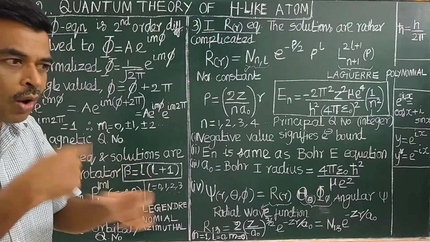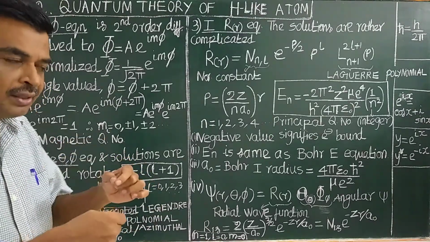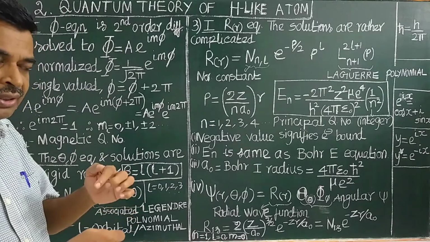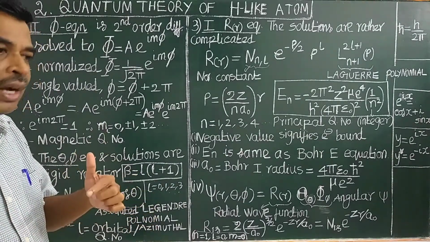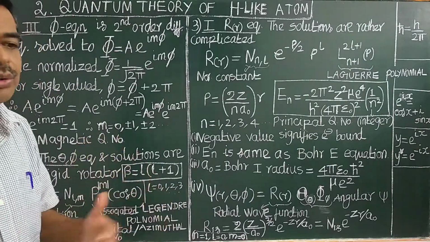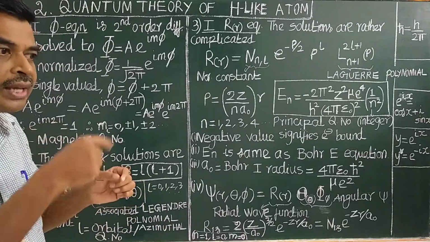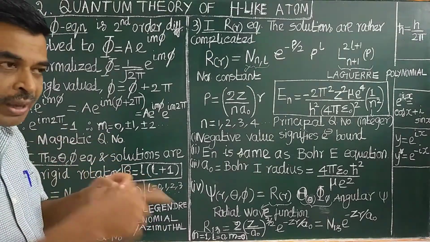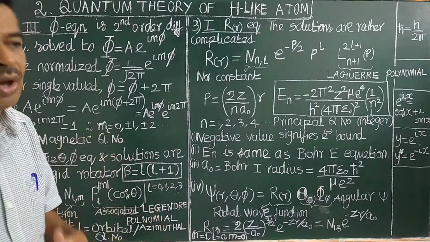The Laplacian operator in the Schrodinger wave equation is converted into spherical polar coordinates, del square. The del square value in spherical polar coordinates is given in Clark's table.